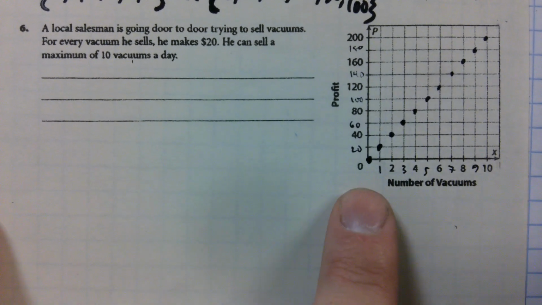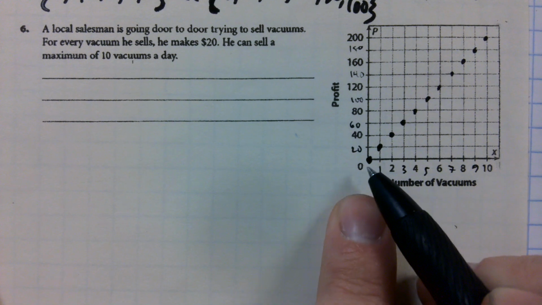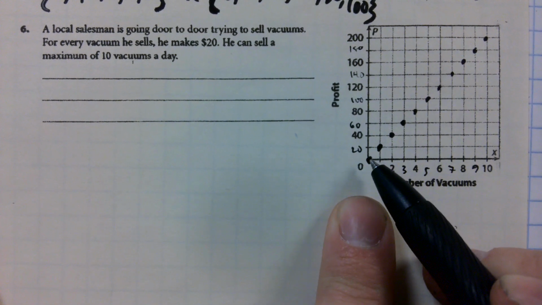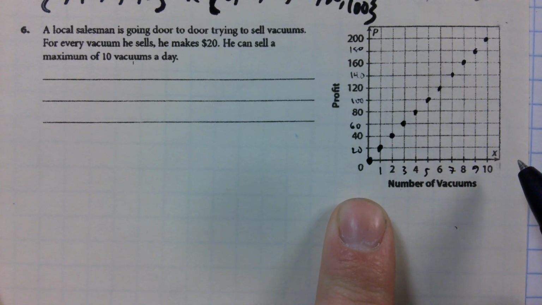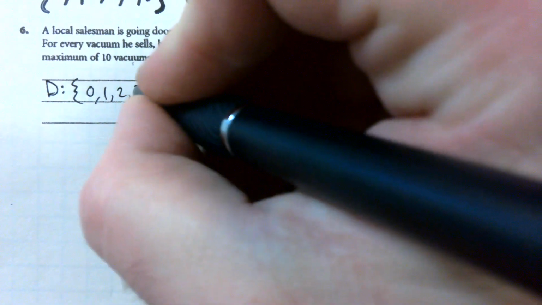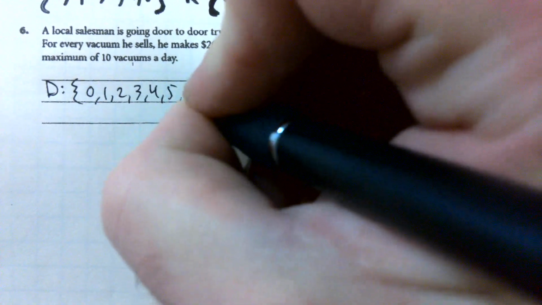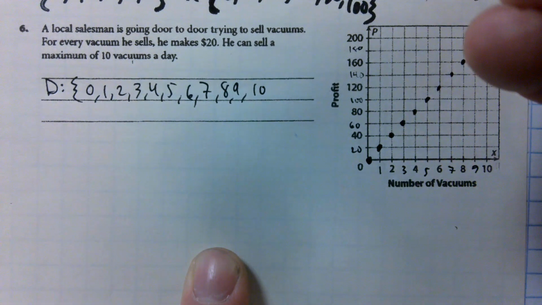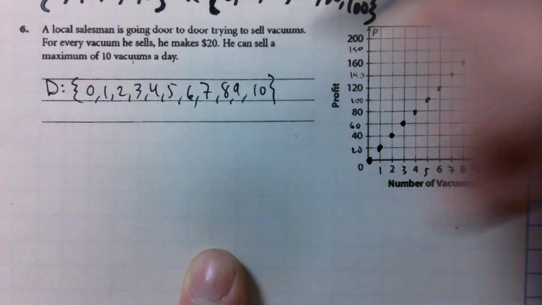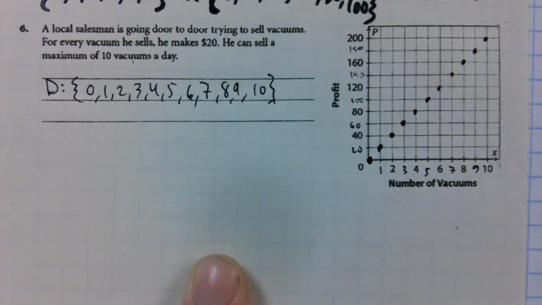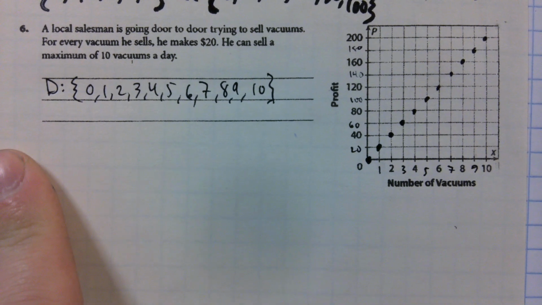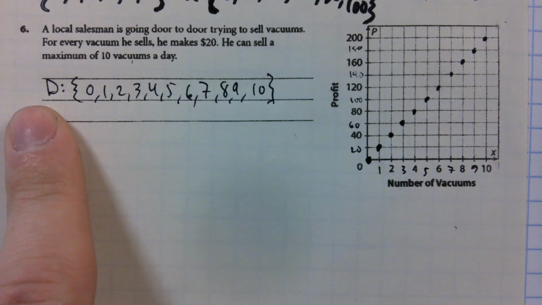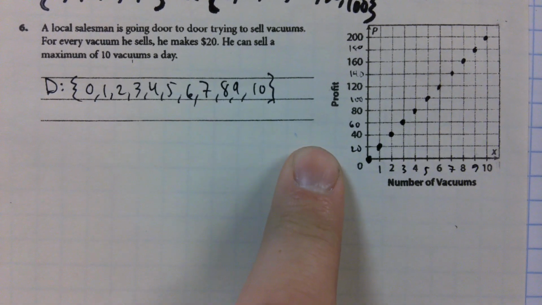Does the domain include 11? No. So my domain is going to be 0, 1, 2, 3, 4, 5, 6, 7, 8, 9, 10. Not 11. It's all the different possible vacuums you could sell.